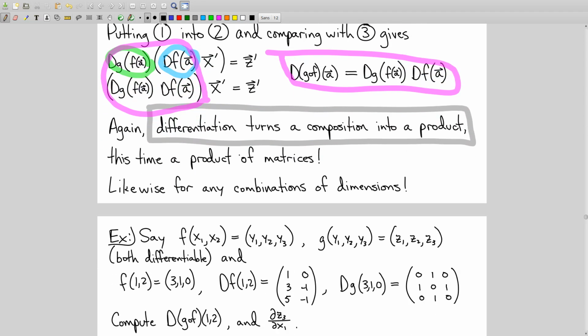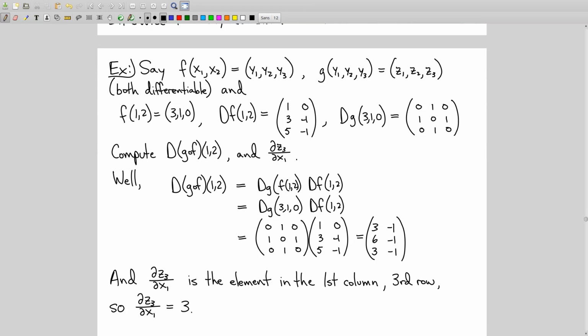All right. Let's get an example. A couple of functions, f and g. Notice the way I have this set up. It's just like in the picture on the previous page. The first function, f, took x's as the inputs, gave y's as the outputs. The second function, g, takes those outputs from f, the y's, as its inputs, and then out come the new outputs, the z's.